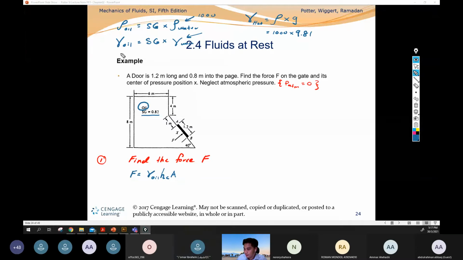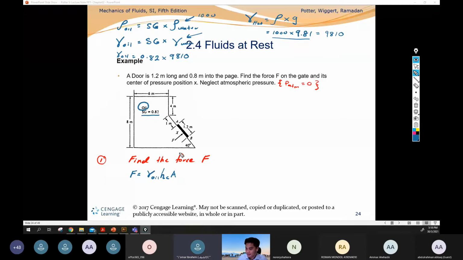In order to calculate the gamma of oil, the specific gravity of oil is 0.82 multiplied with gamma of water, which is, what's the value here? 9810. Yes, 9810. Please don't confuse it with the density. If the question asks you to find the density, multiply with the density of water. If you need the gamma of oil, multiply with gamma of water. Okay?